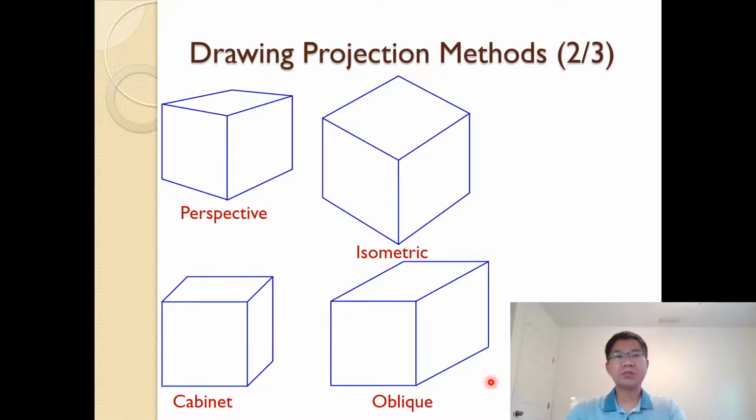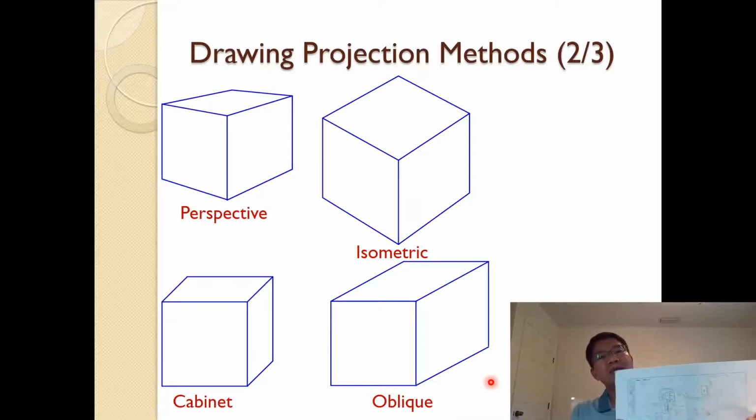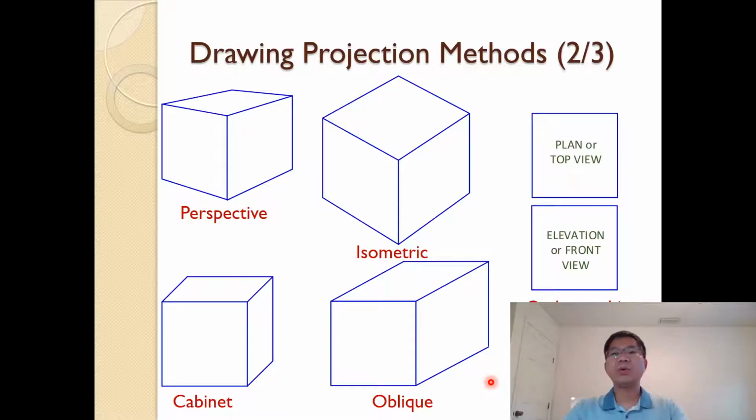The engineering drawing that you see, like 90% of the drawings that you see, if not more, in our daily life, in a real project, that view is orthographic. So instead of putting a 3D like perspective, isometric, cabinet, or oblique, we put it in plan view or elevation or front view.